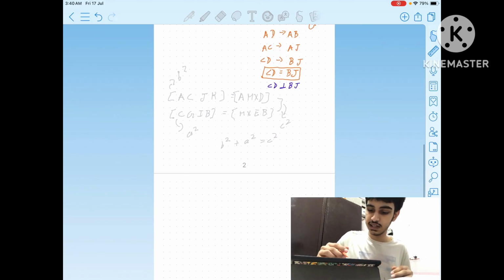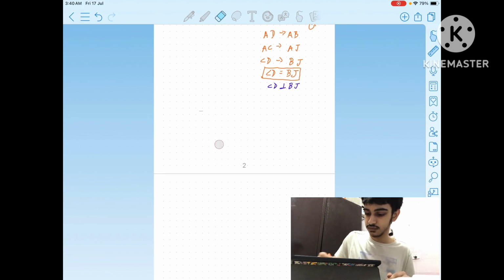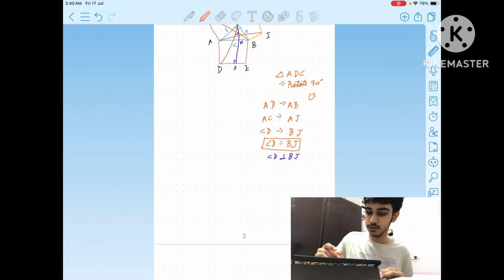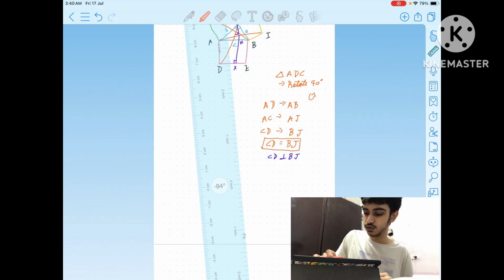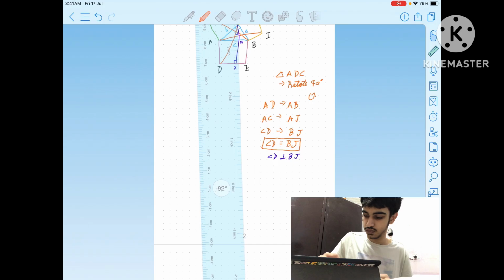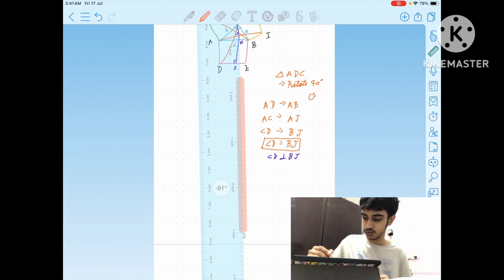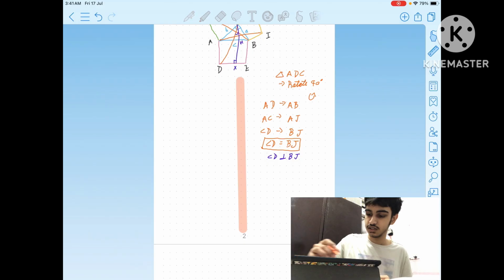So for that, let me just erase this thing. Let me create a boundary first. I'm thinking of doing the whole solution on the same page. Okay, this will be fine.